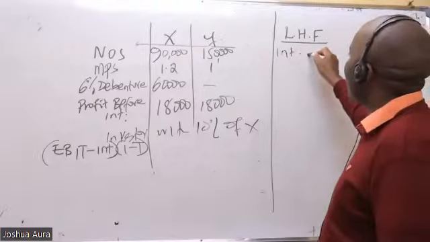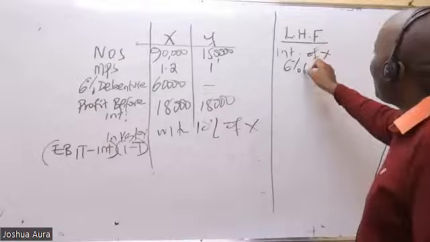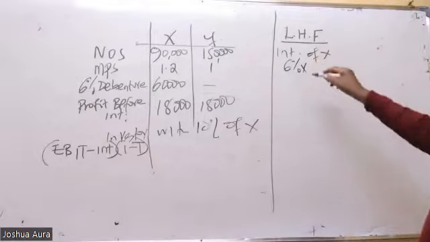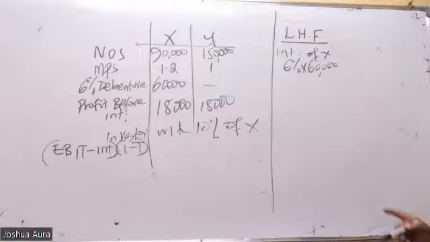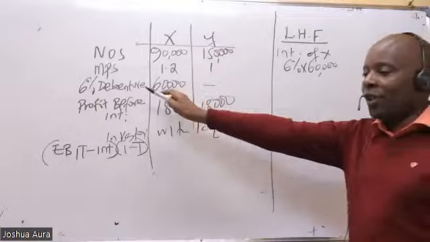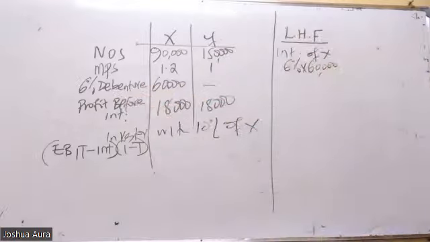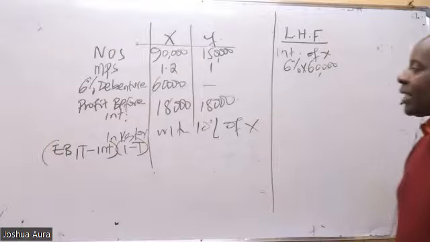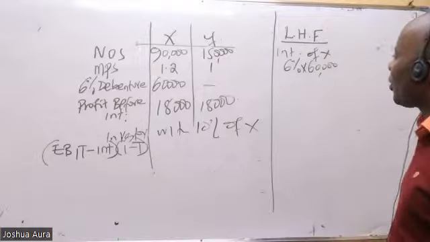It will be 6% of 60,000, because the loan here is 60,000 and the rate of interest is 6%.